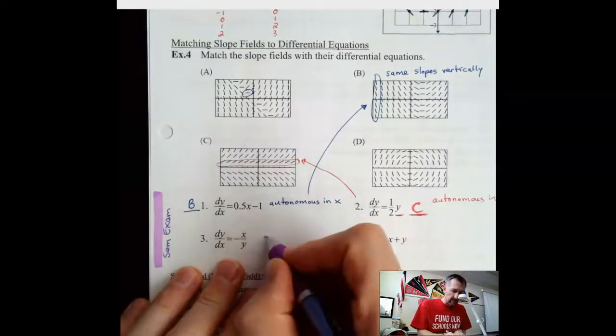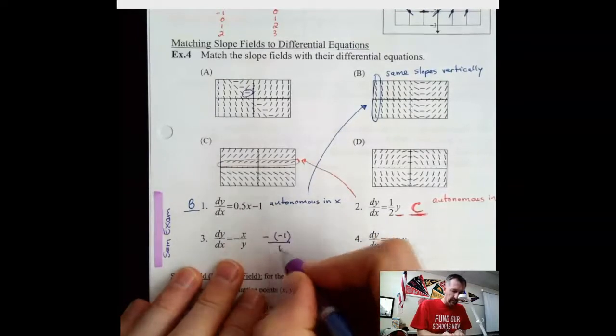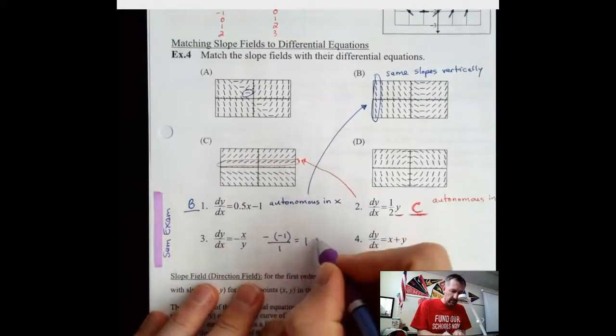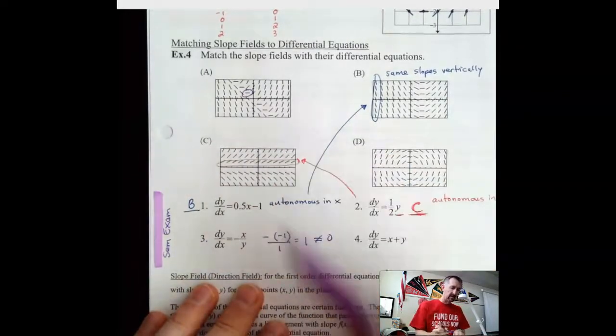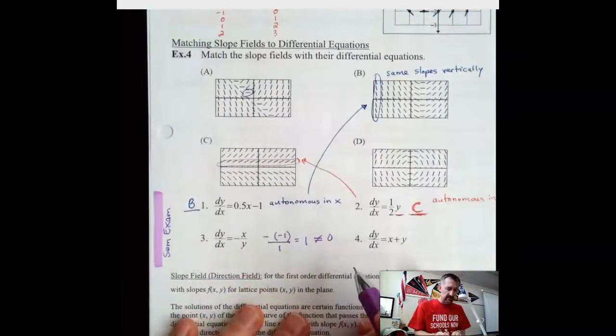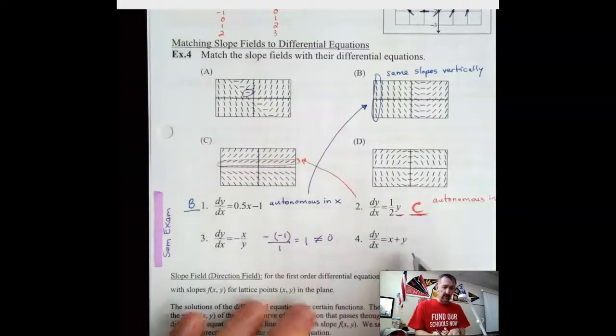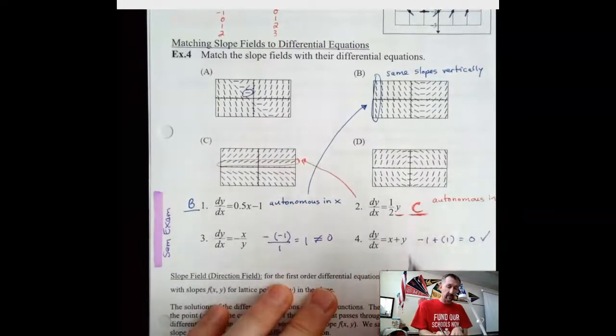Right? So -1, 1 equals 1, which does not equal 0. So that can't be the answer. So now you could just pick them, but let's not do that. So here we can test that same thing though. If x is -1 and y is +1, that does equal 0. So that is A.